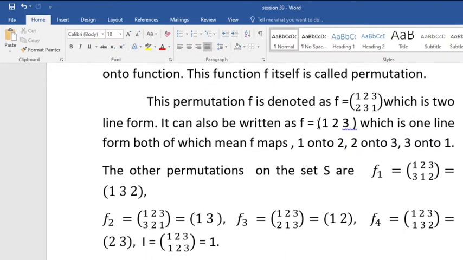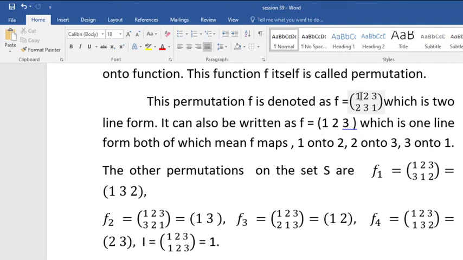This permutation f is also denoted this way, which is called two-line form. Here in the first row we write the elements, and in the second row we write the corresponding images.